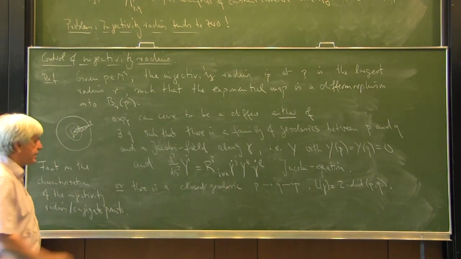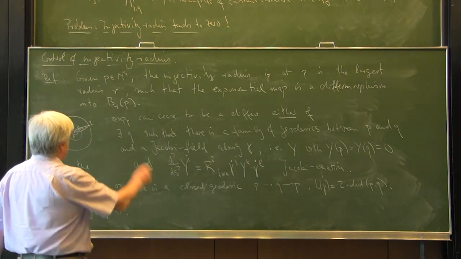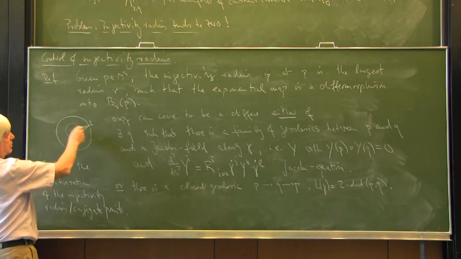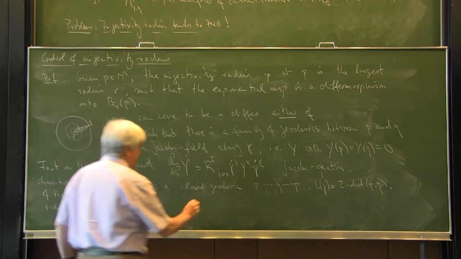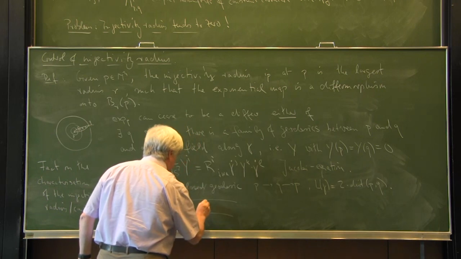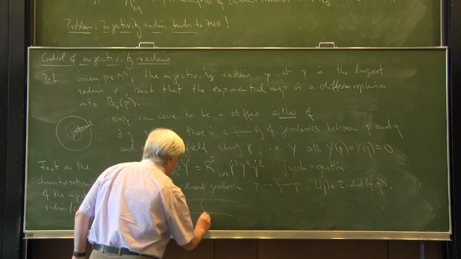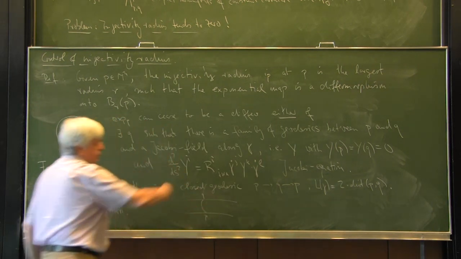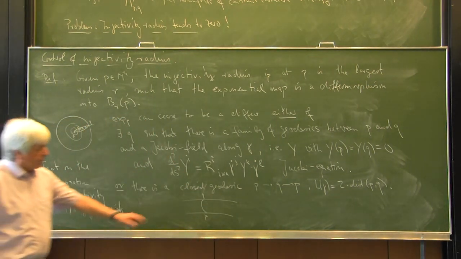So this corresponds, maybe I should draw the picture. This is, of course, the picture with the cylinder, where you have the point P here and point Q there, and you have the geodesic going around.